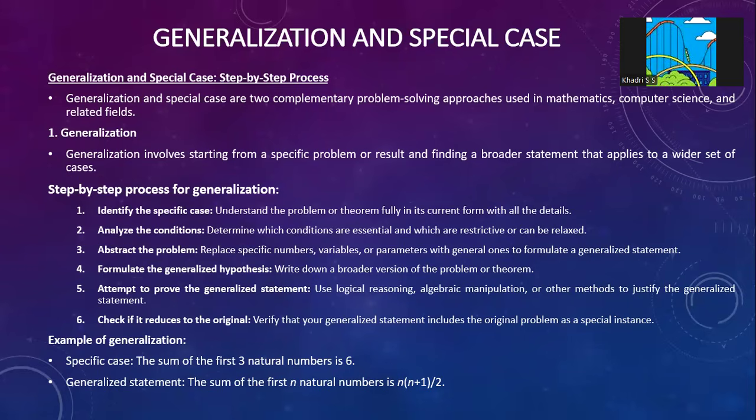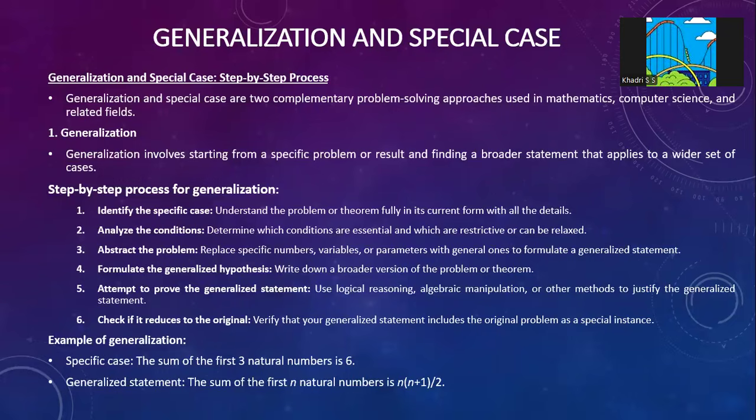Third, abstract the problem: replace specific numbers, variables, or parameters with general ones to formulate a generalized statement. Fourth, formulate the generalized hypothesis. Fifth, attempt to prove the generalized statement and check if it reduces to the original. So these are the steps under the generalization format.